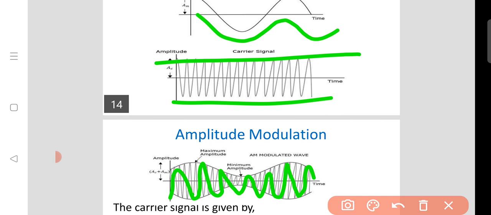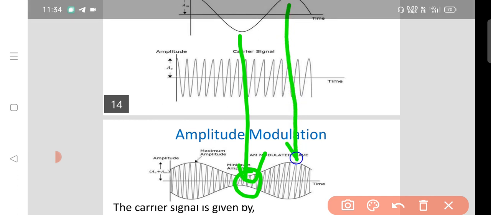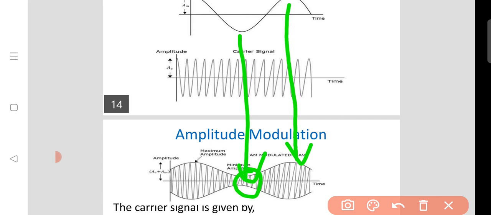Here you observe, this is the minimum position of the actual message signal, so the minimum amplitude occurs here. This is the minimum position of our actual information, so here the amplitude of the carrier is minimum. Here is the maximum peak of the signal, so here is the maximum amplitude.